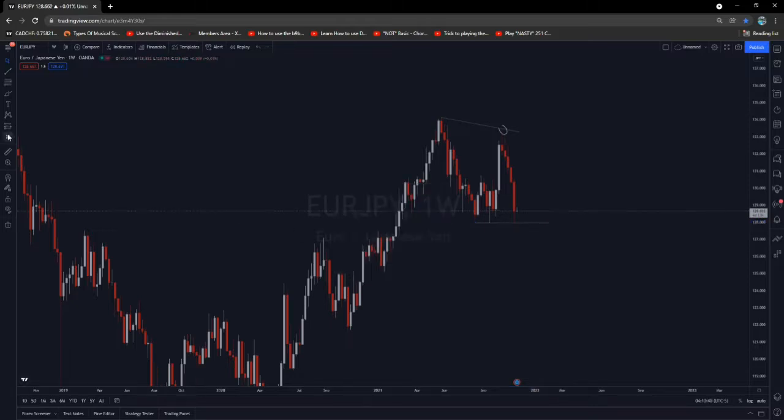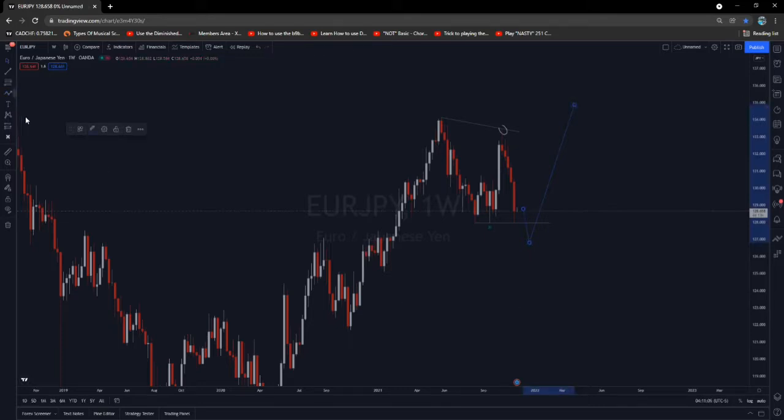And this is our area of liquidity. With that being said, the market might take liquidity from this area and then move to the upside.